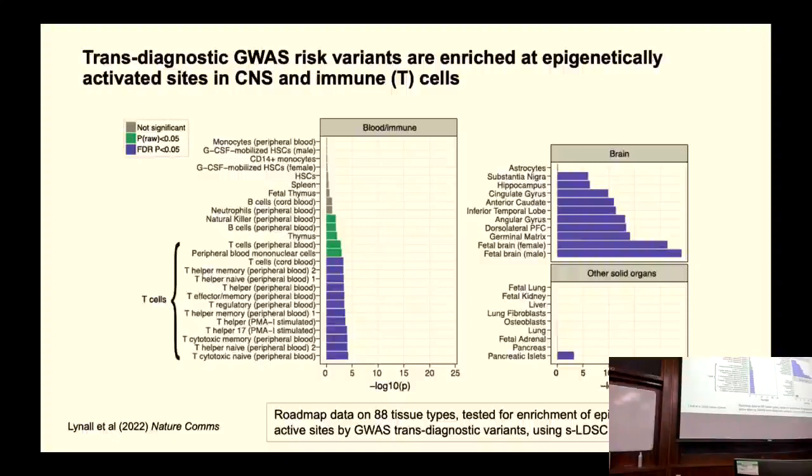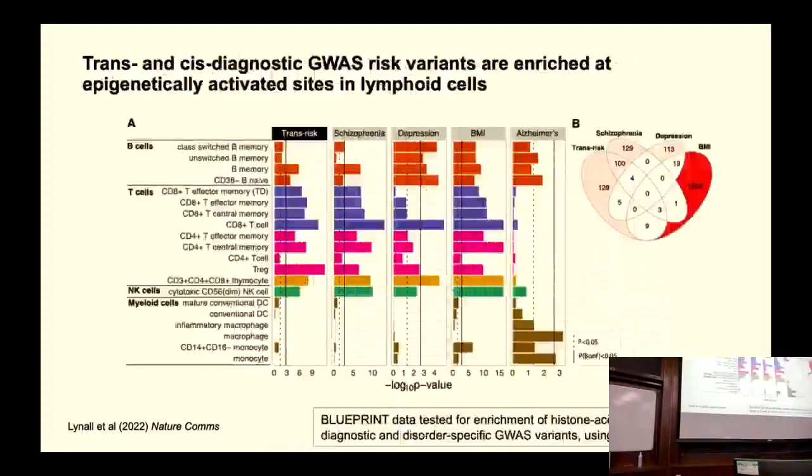Pancreatic islets is the only other tissue besides the immune system. And in the immune system, it was particularly these T cells, parts of the adaptive immune system, where you had co-location of epigenetic activation and inherited risk. And Mary Ellen did the same analysis, but replicated it in a different epigenetic data set and looked not just at trans-diagnostic risk, but what we call cis-diagnostic risk for specific psychiatric disorders, schizophrenia, depression.